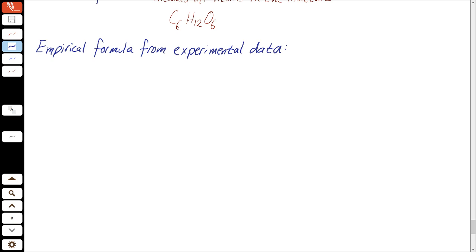But the trick is, you can only figure this out by mass percent. So when you actually feed the stuff into one of these elemental analysis machines, there's different types, you get back either mass of each element or mass percent of each element. So let's look at an example. I think it's easiest if we just work through an example.